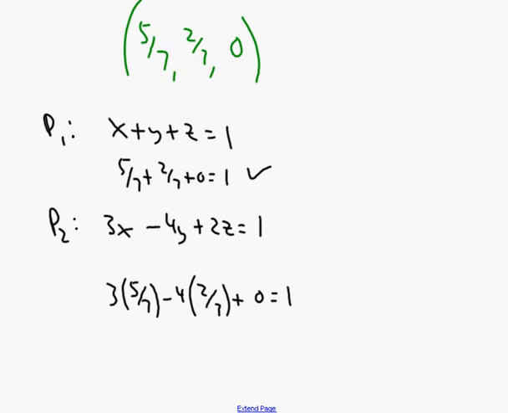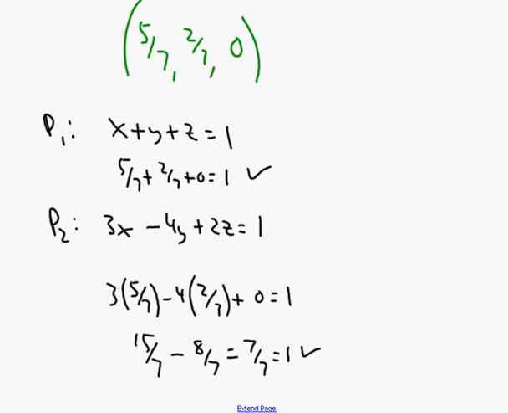Okay, so what do we have? 3 times 5, 15 sevenths, minus 4 times 2, which is 8 sevenths. When you subtract those, you get 7 sevenths, which is equal to 1. Great. We have succeeded in finding a point that's on both planes. And I know that my line of intersection has to go through that point.